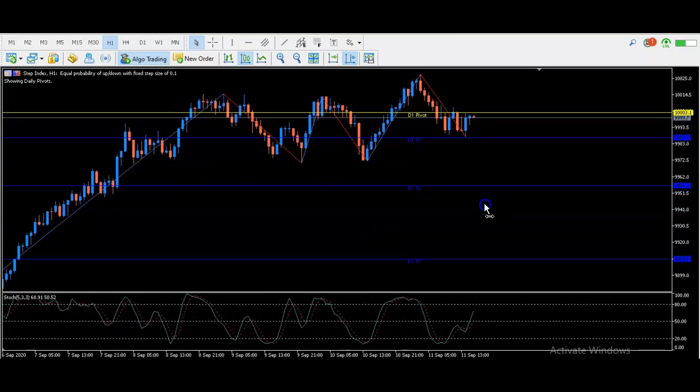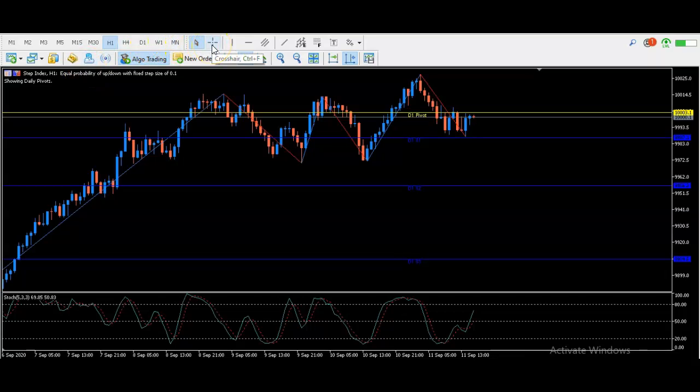The first thing you want to do is check out your oversold and overbought regions. In this case we now have an oversold point. By default it's the 80 level that is your overbought, and the 20 level that is your oversold. So how do we combine this?